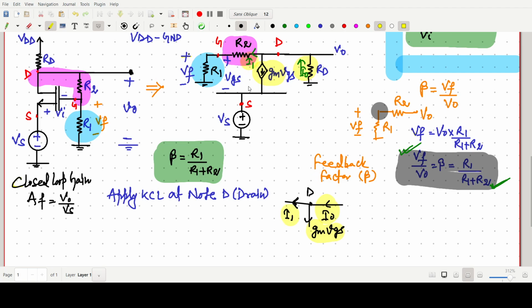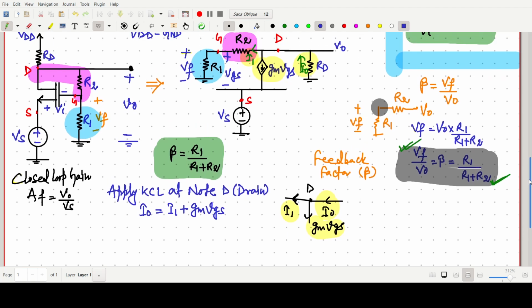So these three currents are going. Now the KCL equation will be: total incoming current I naught equals I1 plus gm VGS, since it is a current source. So I1 plus gm VGS.